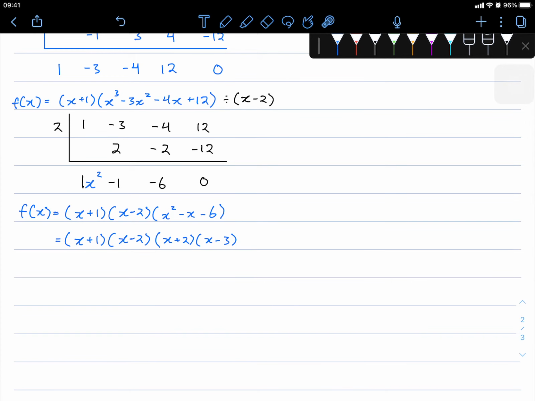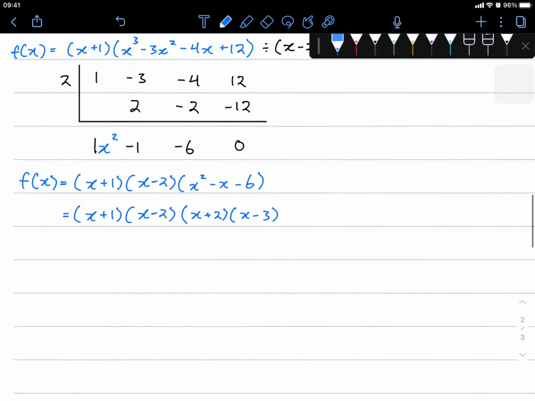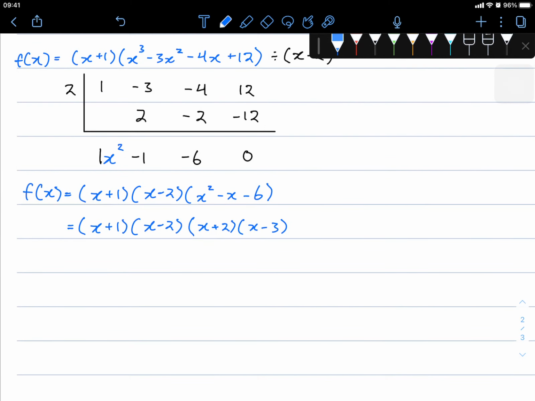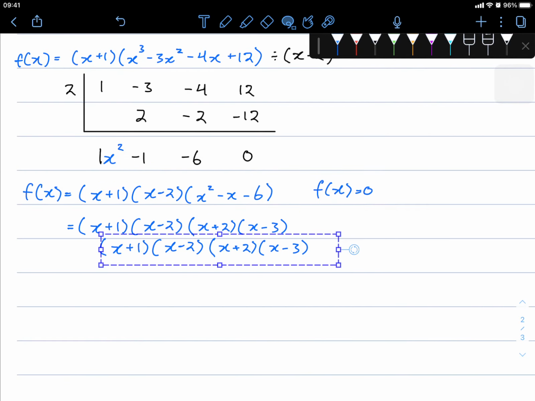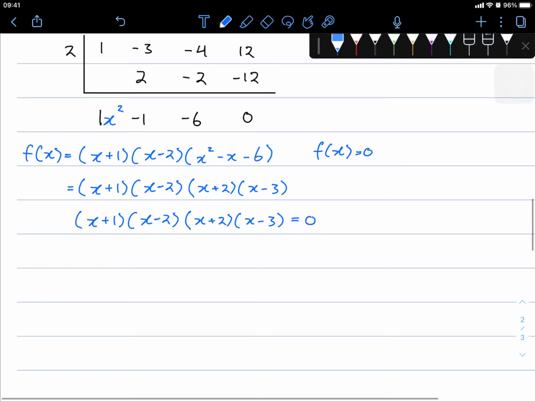Since we're looking for zeros on this, which is what it's asking for, all that means is we're going to let f of x equal 0. So f of x is equal to 0, which means we take all the factors and we let that equal 0. And as we've seen in the previous example up above, we let each of the factors equal 0.